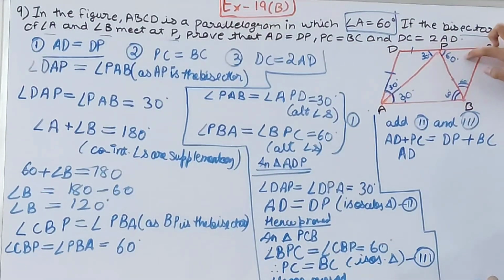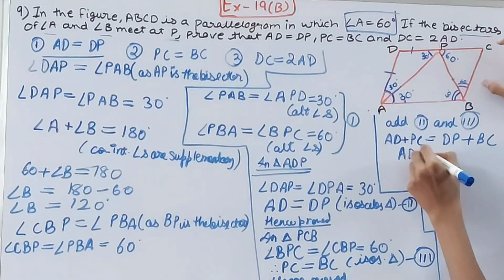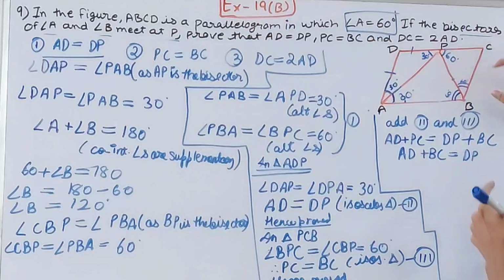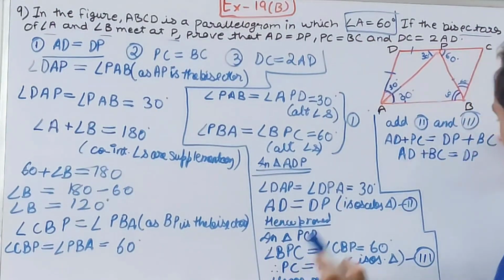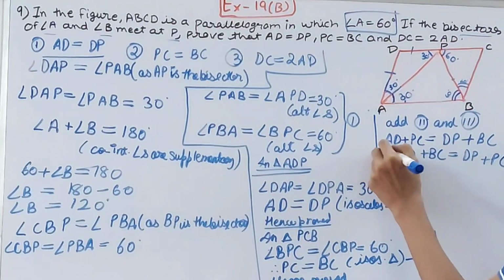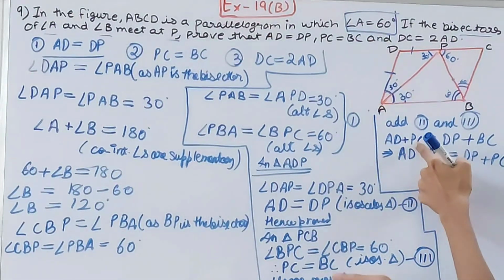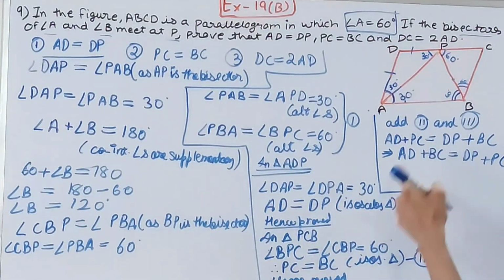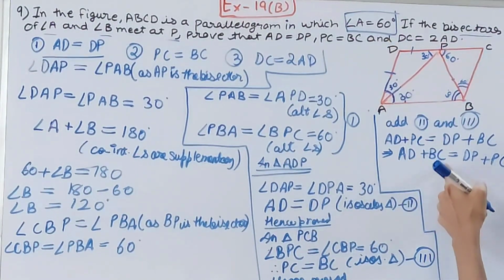So PC can be replaced with BC or not? Yes. Equals to DP. Look, DP plus BC. BC is equal to PC. So in place of BC, I am substituting PC. It's just substitution. You can look from the third equation only. We have just interchanged them. PC was equal to BC. So in this equation, in place of PC, BC has come. Here BC is equal to PC again. So we have replaced BC with PC.